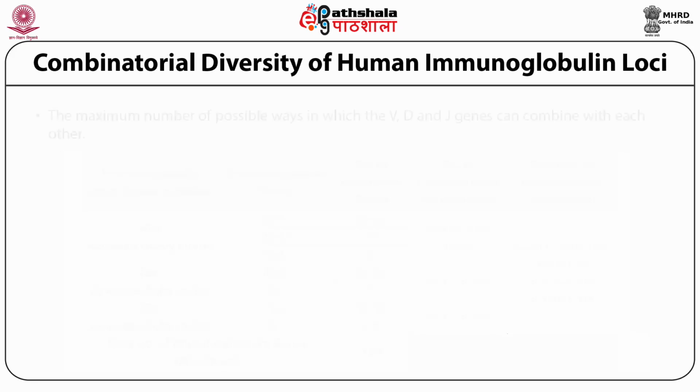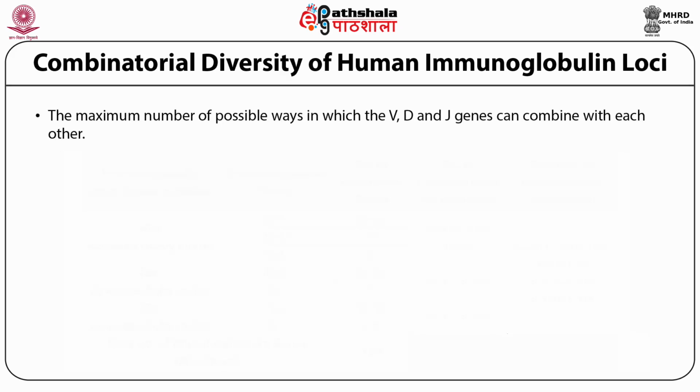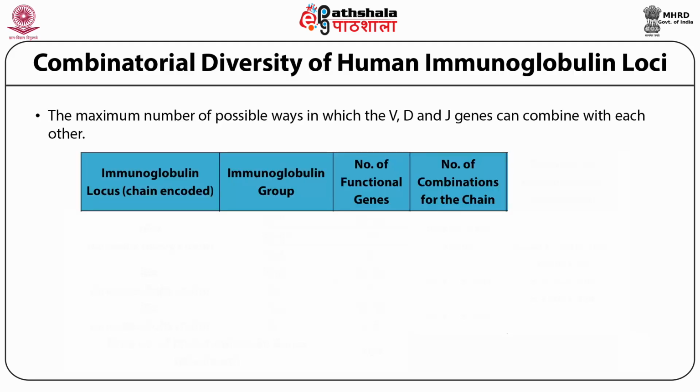By calculating the maximum number of possible ways in which the V, D, and J genes can combine with each other, we can obtain a fairly good estimate of the possible number of antigen specificities that the immunoglobulin loci are capable of generating. In this table, I am showing you how to calculate the combinatorial diversity of human immunoglobulin loci.